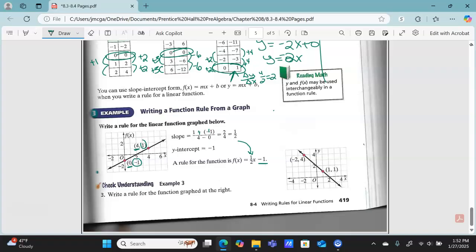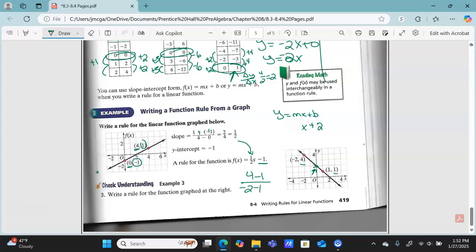Okay, let's look at this one. So y equals mx plus b. It's not marked, but there's the b. That's where it's crossing the y-axis at 0, 2. So that's 2. The slope is change in y over change in x.